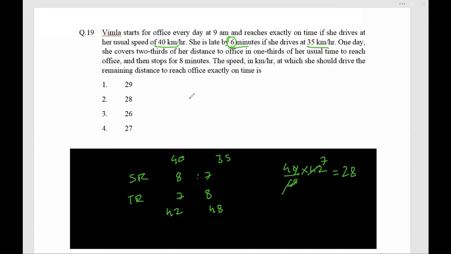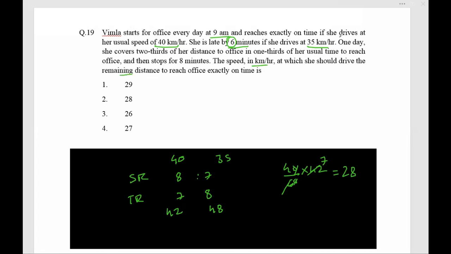The speed in kilometers per hour at which she should drive the remaining distance is unknown.